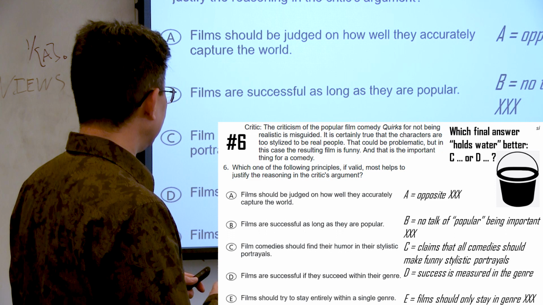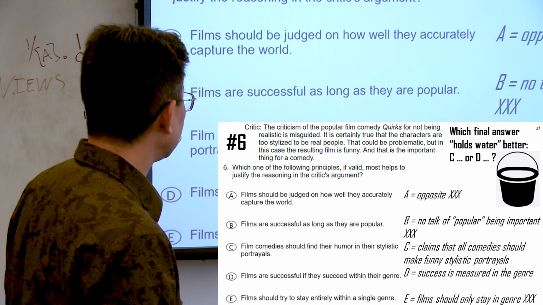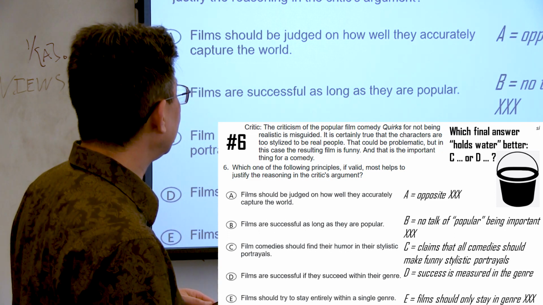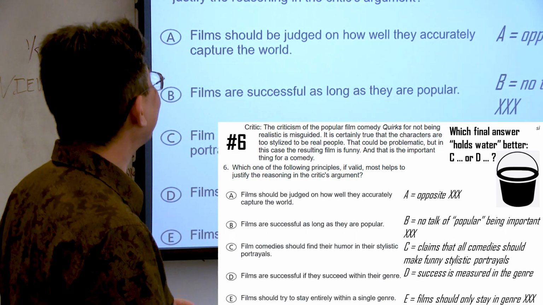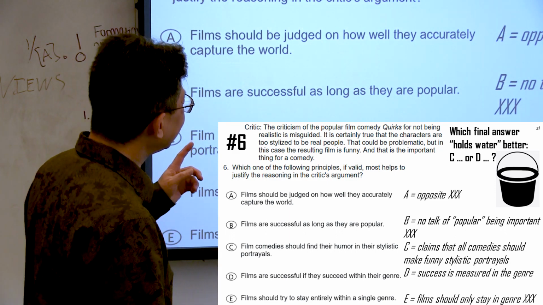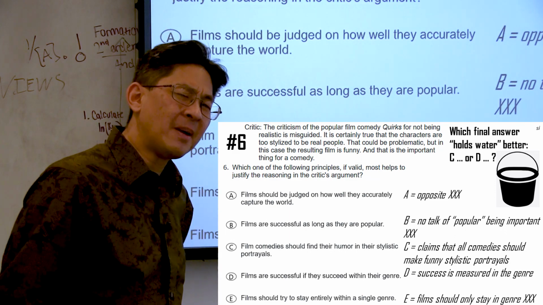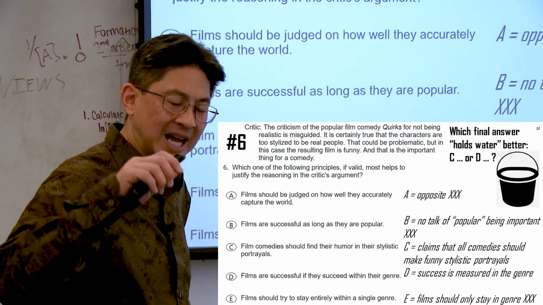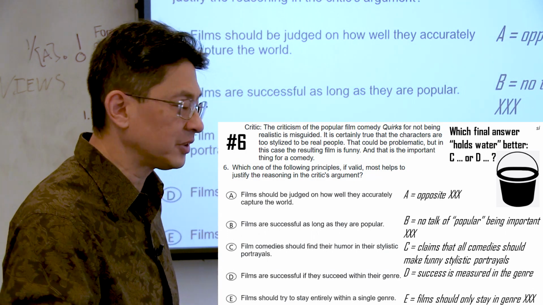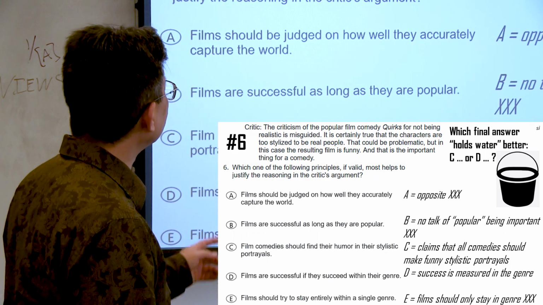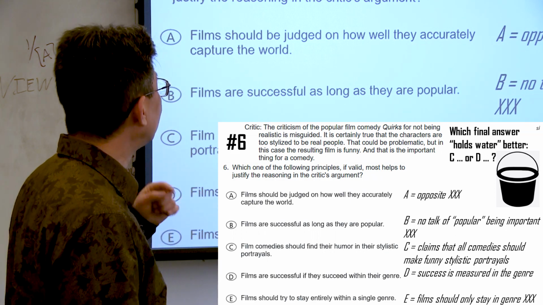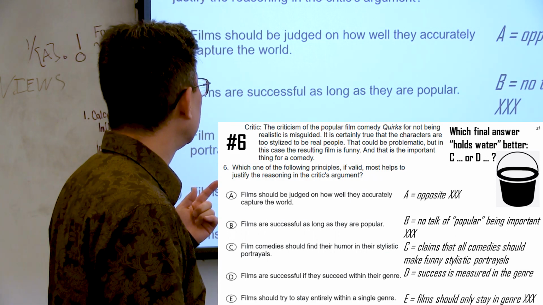So if that's valid, is that going to strengthen this argument? That comedies should be humorous because of the portrayals. Does that connect in? When we stop and really think about it, as we're able to dive deeper into these two options, we can see that it talks about how characters are actually too stylized to be real.